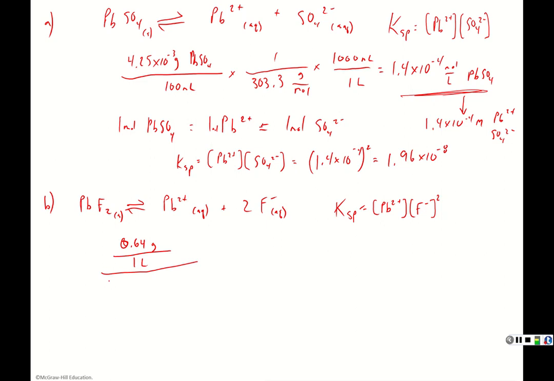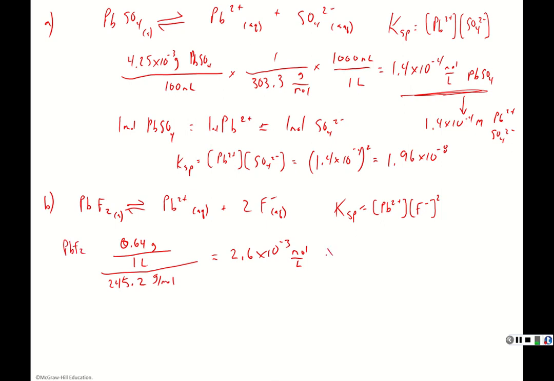So we divide by our molecular weight, 245.2 grams per mole. And we'd get moles per liter. So this would be 2.6 times 10 to the minus 3 molar, or moles per liter. Right, so from our balanced chemical equation, and this is for the compound, remember, this is for PbF2.